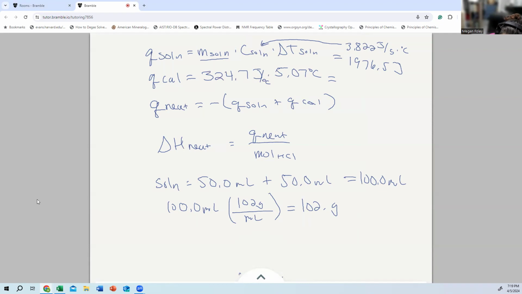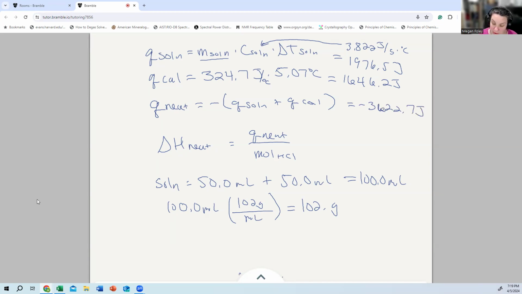That gives us 1646.2 joules. Add that to the 1976.5, and we get a value of 3622.7. So our Q of our neutralization would be negative 3622.7 joules.